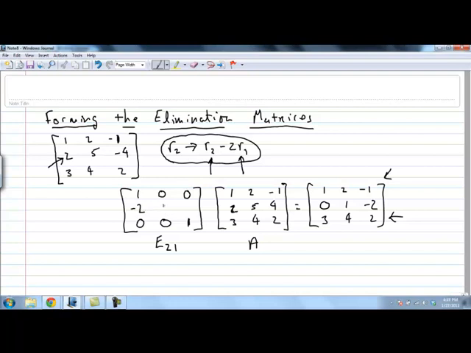We need 1 row 2, so we put a 1 in this position. We didn't use row 3 in the formation of the new row 2, so we put a 0 here. Notice that the negative 2 will multiply in the first row, giving us negative 2 row 1s, and the 1 will multiply in the second row, giving us 1 row 2. And now, if you check, this multiplication is correct.